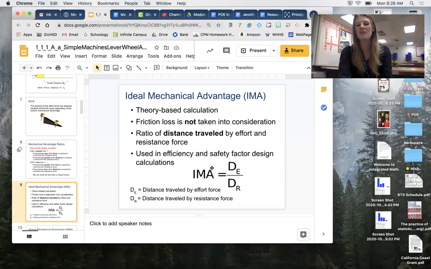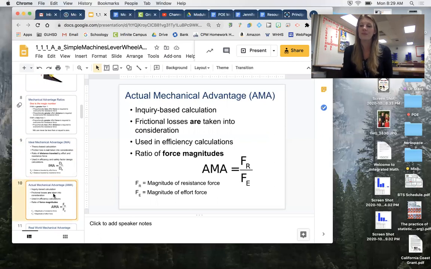The way that I remember this equation is IMA, DE over dr. I'm a deer, DE over dr. That's how I remember it. You're going to hear me say it even in class when we do our calculations: I'm a deer. And then the next one is going to be the opposite.